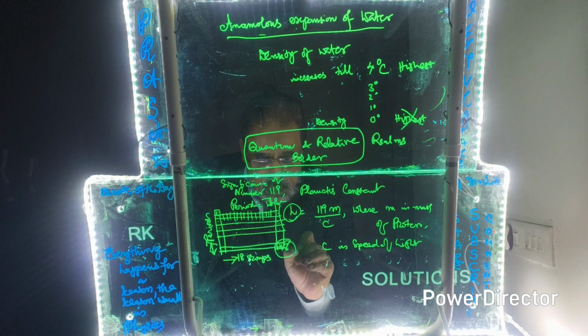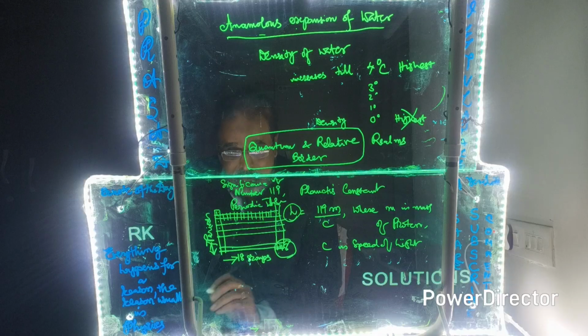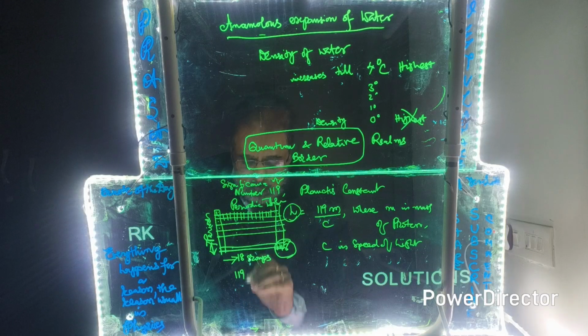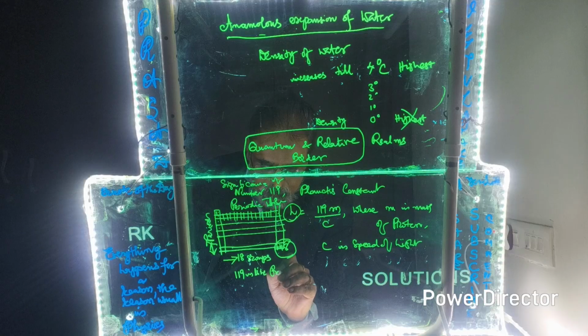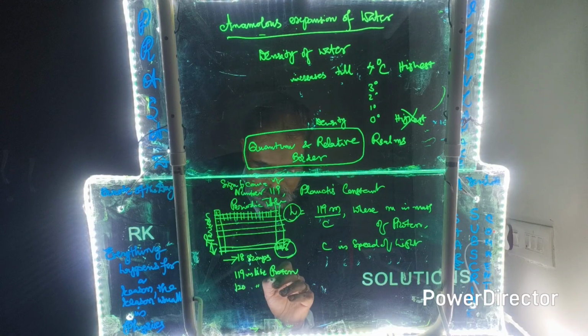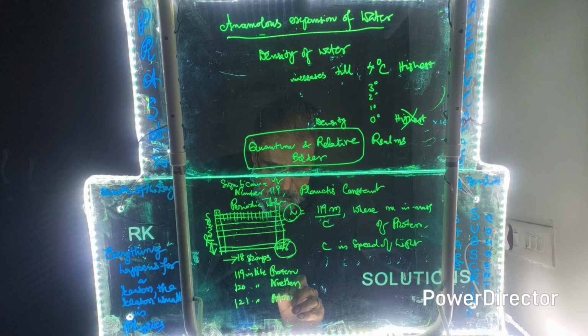So at 118, the present table ends. And I also told that 119 is like proton, 120 is like neutron, and 121 is like atom. That's not hydrogen atom.